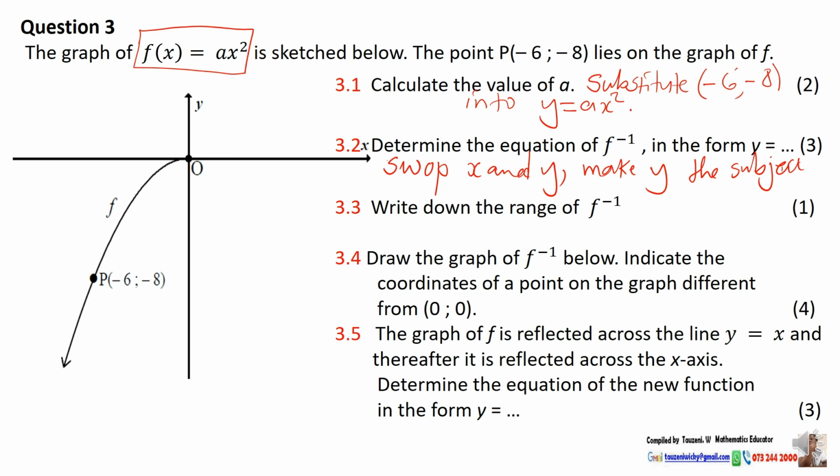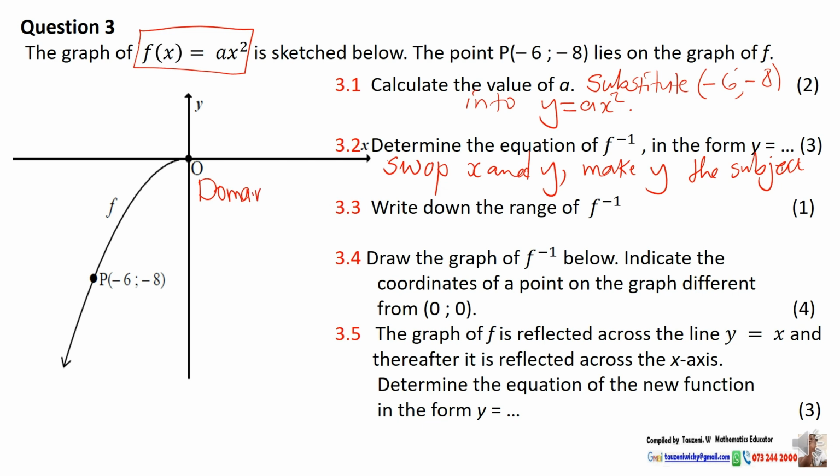Very interesting. Now for this one, we need to know that the domain of the function leads us to the range of the inverse. The range of the function leads us to the domain of the inverse. So in this case, if you look at this graph, the domain, remember, means left to right.